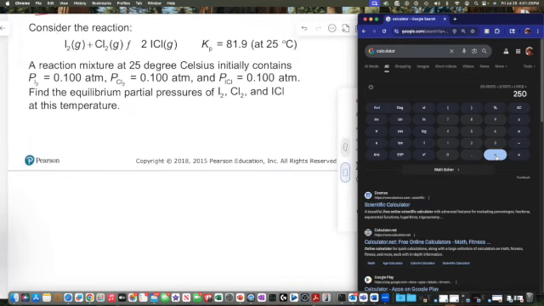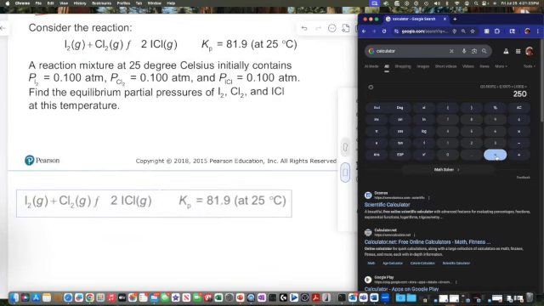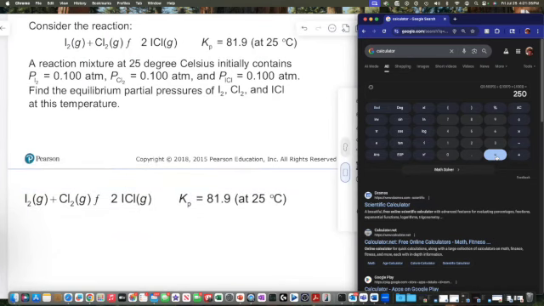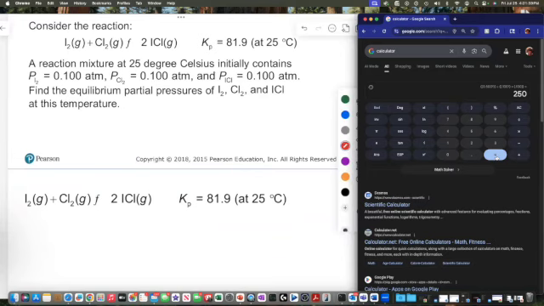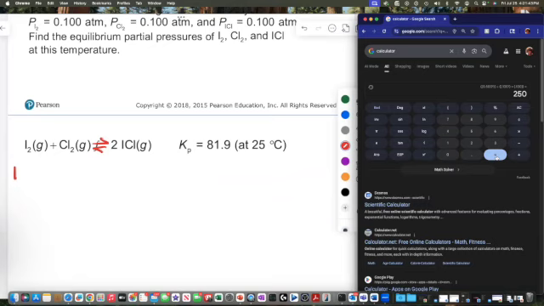How do I get this here? Copy. I'm going to paste that. Okay, so this is our equation right here. So we're going to have initial, change, equilibrium.